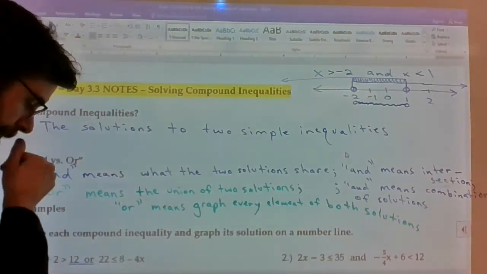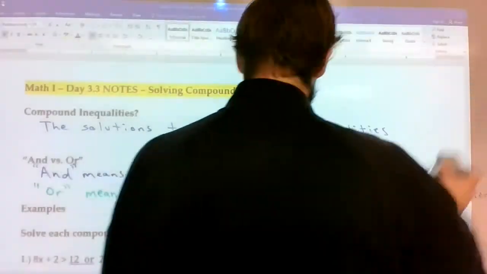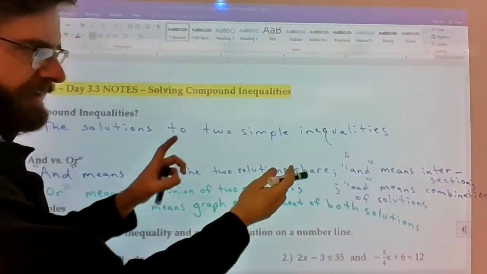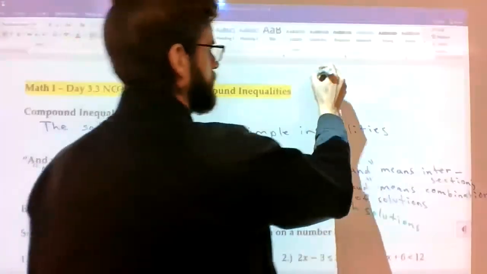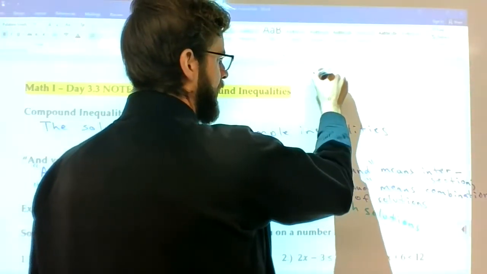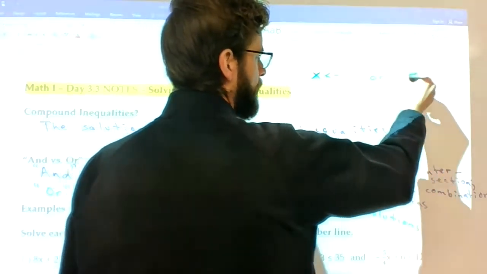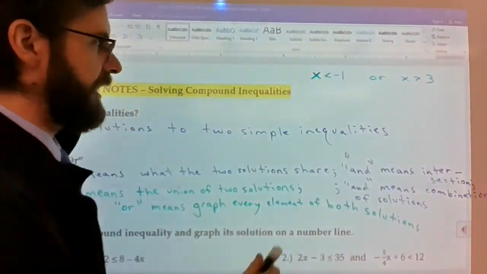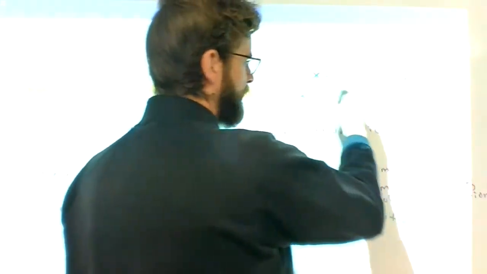And that looks different. Here's an example of an OR solution. So you guys might have to put this somewhere else on your notes. Sorry. Let's say you've got x is less than -1 or x is greater than 3. Okay? Situation like that. So you'd have an, you know what?